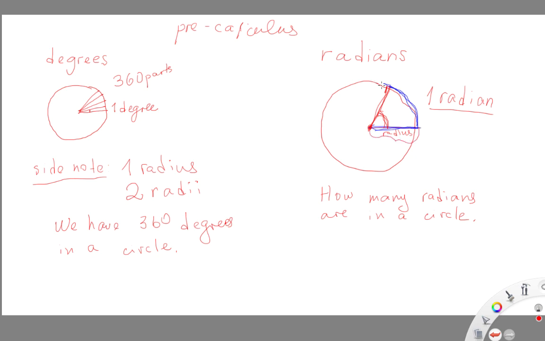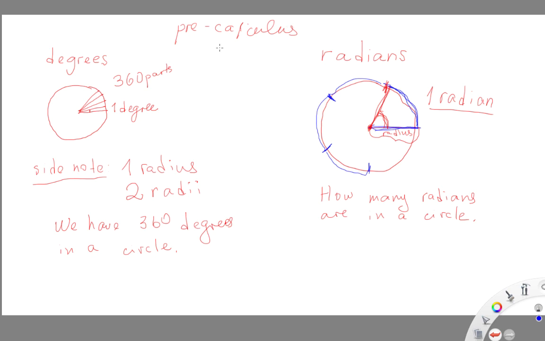Then you're gonna take that piece of thread and lay it down along the circumference of the circle, up to here 1 time, 2 times, 3 times, 4 times, etc. And you're gonna measure how many radians fit inside the circle.